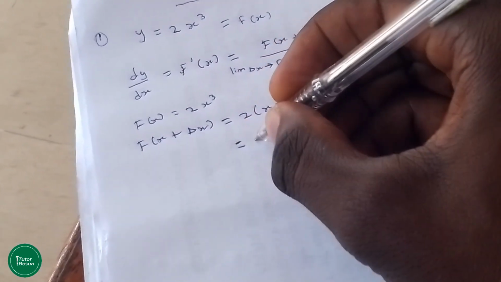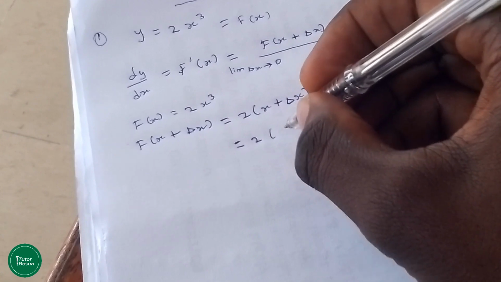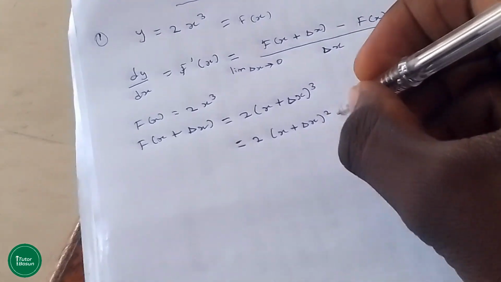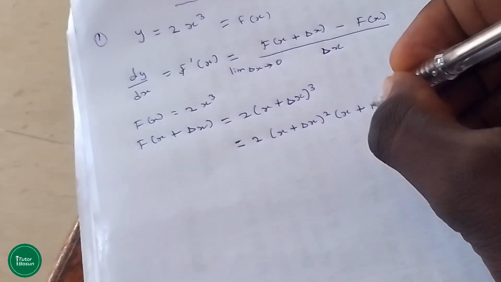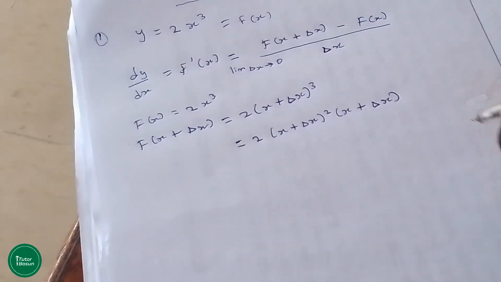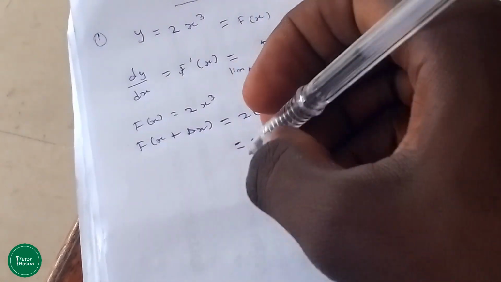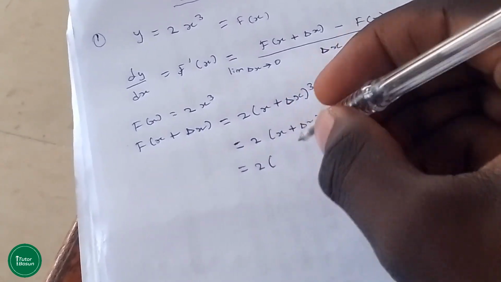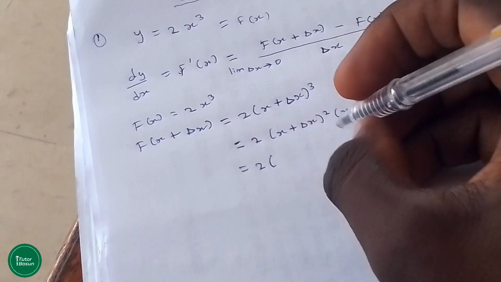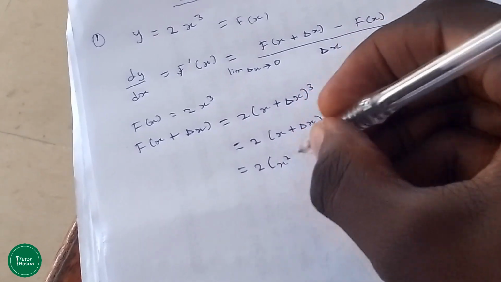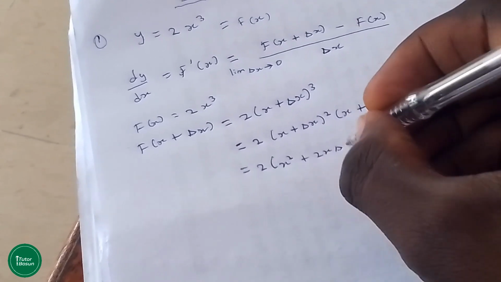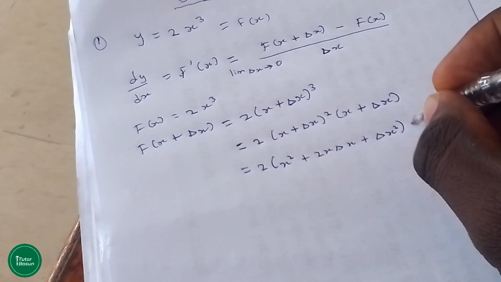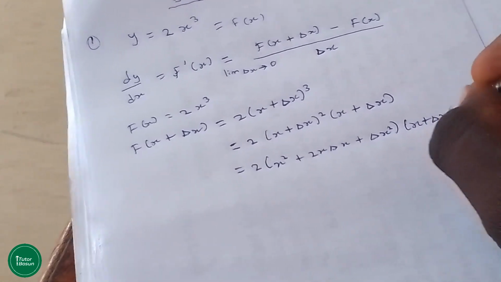That can be written as 2 times x plus delta x all squared, multiplied by x plus delta x. And this becomes 2 times x squared plus 2x delta x plus delta x squared, then multiplied by x plus delta x.